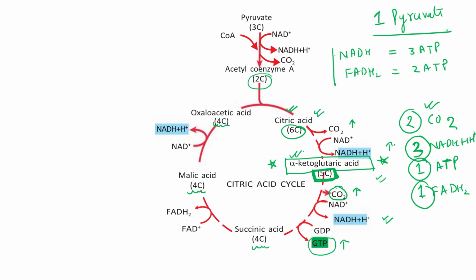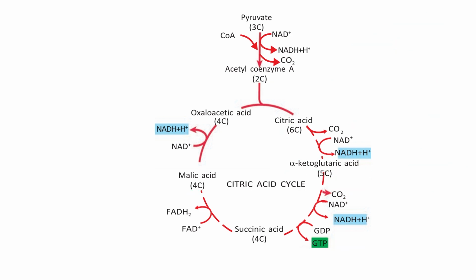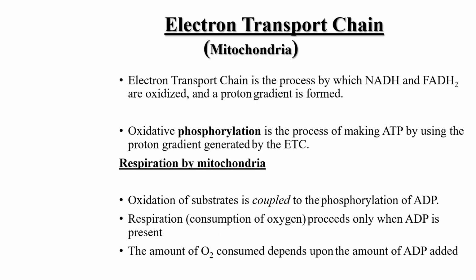But you will get these ATP molecules during the next stage, the electron transport chain, not here. Yes, 1 molecule of ATP is generated here, along with 3 molecules of NADH and 1 molecule of FADH2 during the citric acid cycle, and 2 carbon dioxide molecules are removed during this Krebs cycle. Clear?